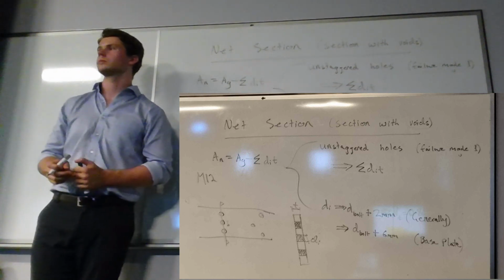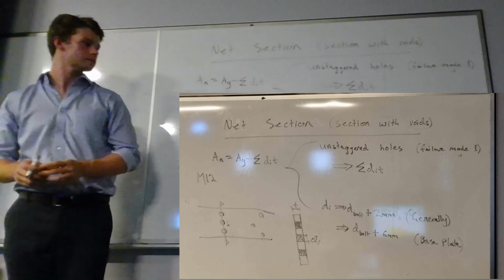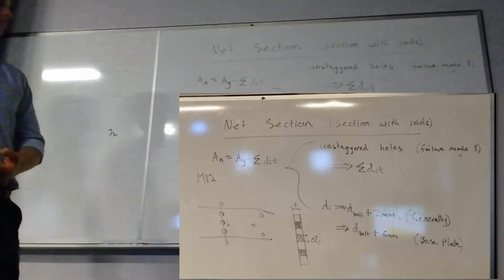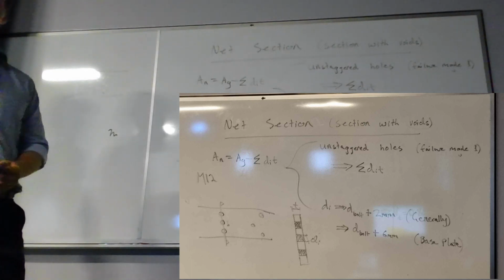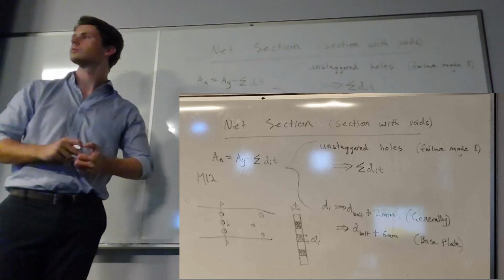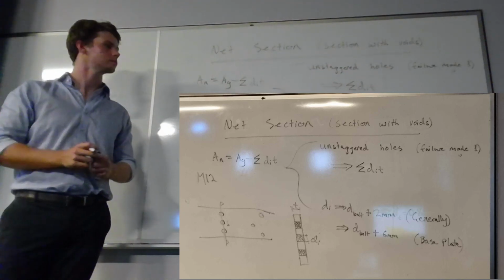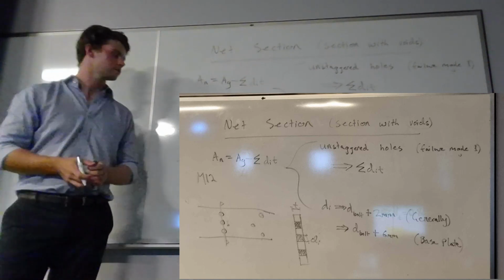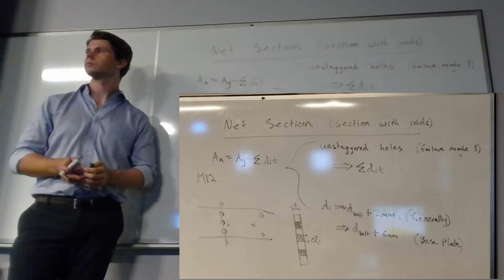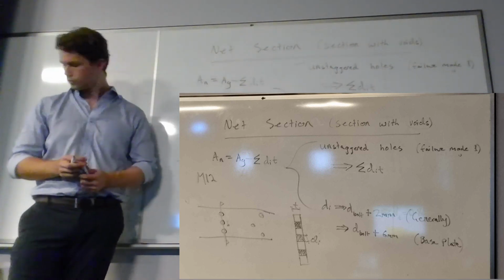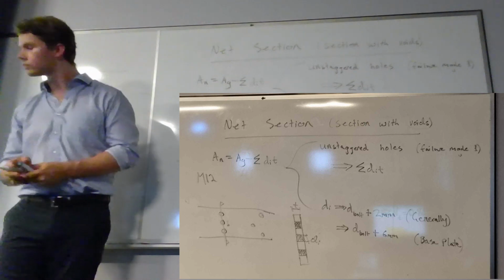So in the general case, your bolt hole will be 2 mm larger than the bolt diameter. For a base plate, you'll generally have a more hefty, larger bolt, and base plates are generally anchored into concrete, so you'll have a hole about 6 mm larger.